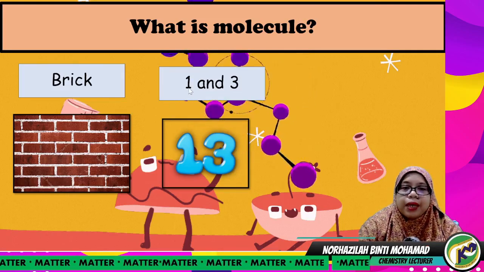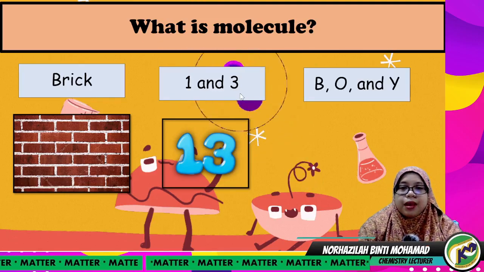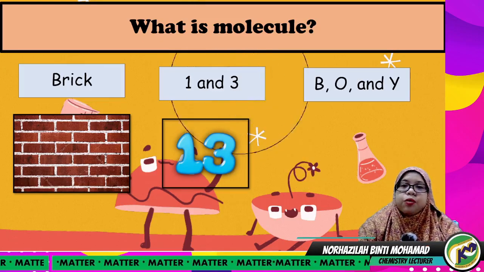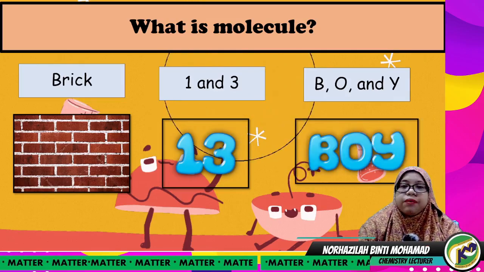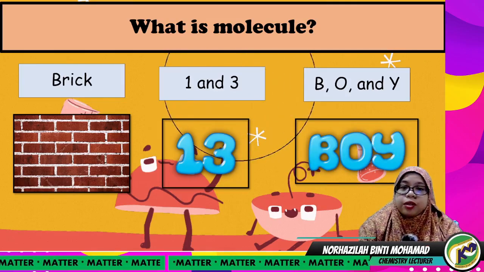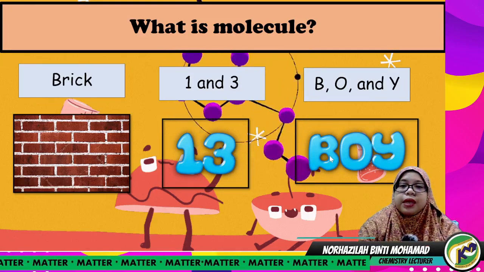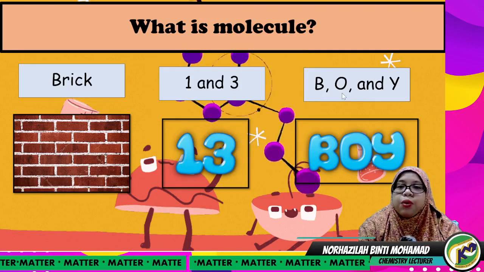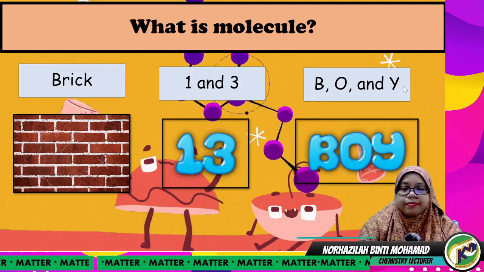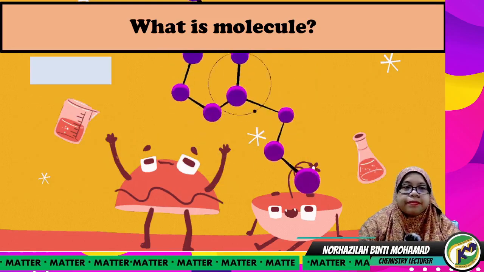When we combine B, O and Y, we form the word boy, which is the molecule made up by combining B, O and Y. Okay, we go to more scientific examples.